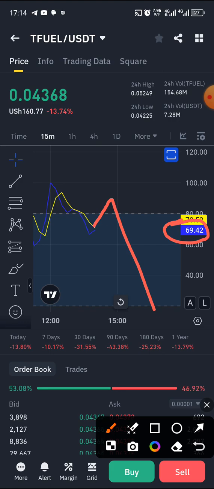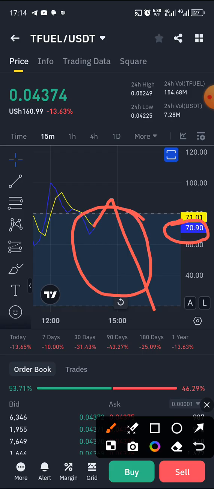So be patient, don't rush to buy it. Though, even if you buy it right now, it's not that bad. But our goal is to buy at the cheapest price as much as we can. So keep monitoring this coin. It will give you another discount. Okay? So I hope you are getting the difference.